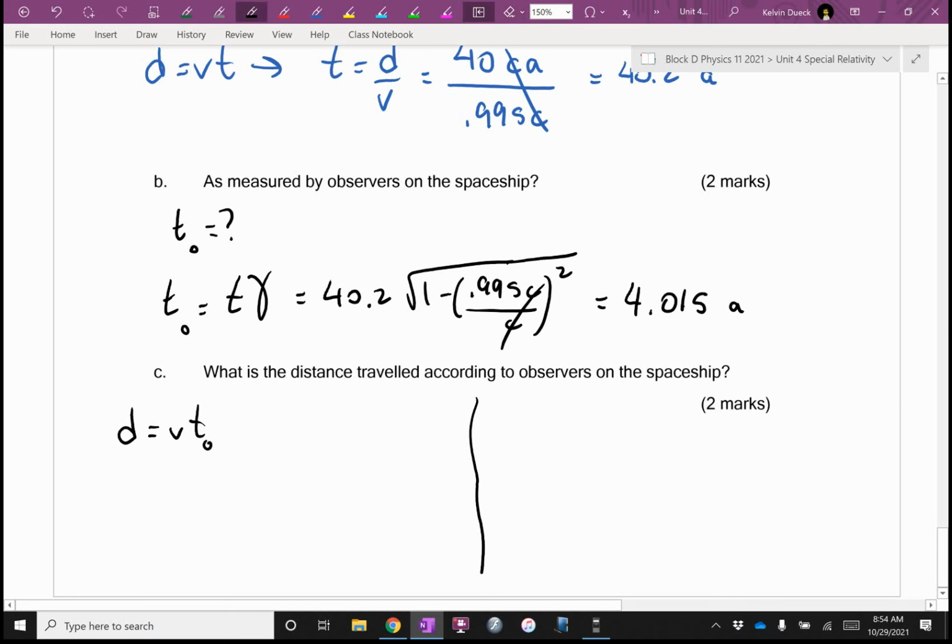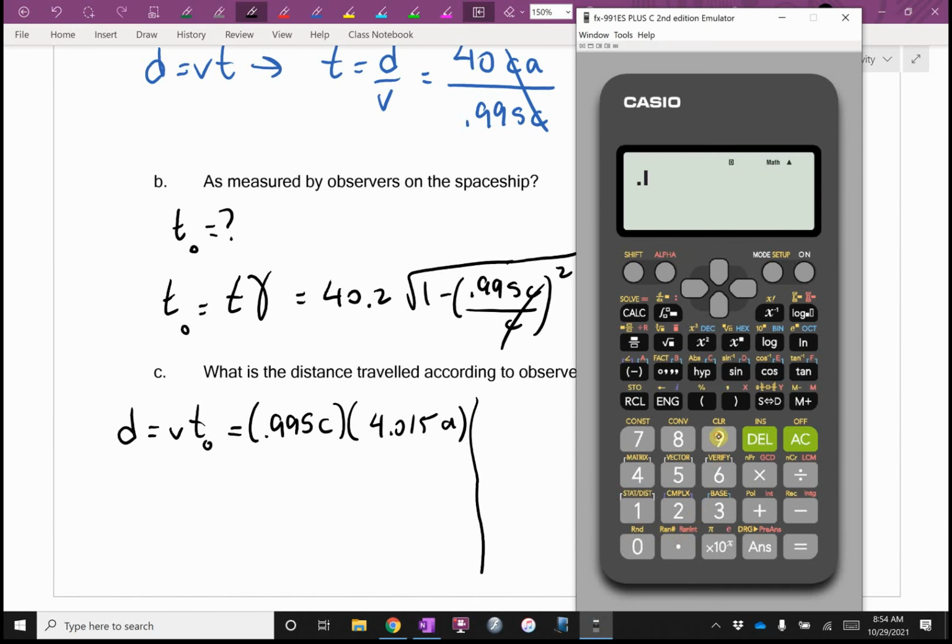If you do that, you'll get 0.995c times 4.015. You do get an answer in light years. If I go 0.995 times answer button, I get 3.995 light years.